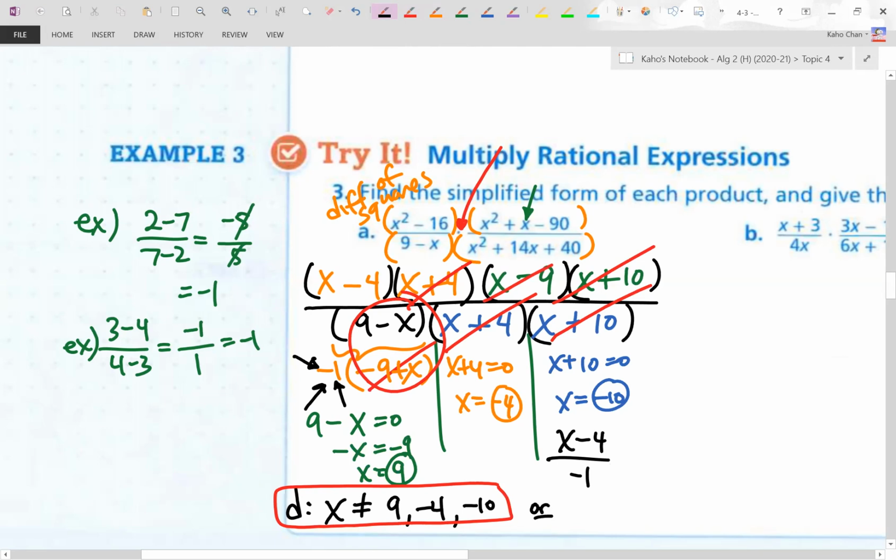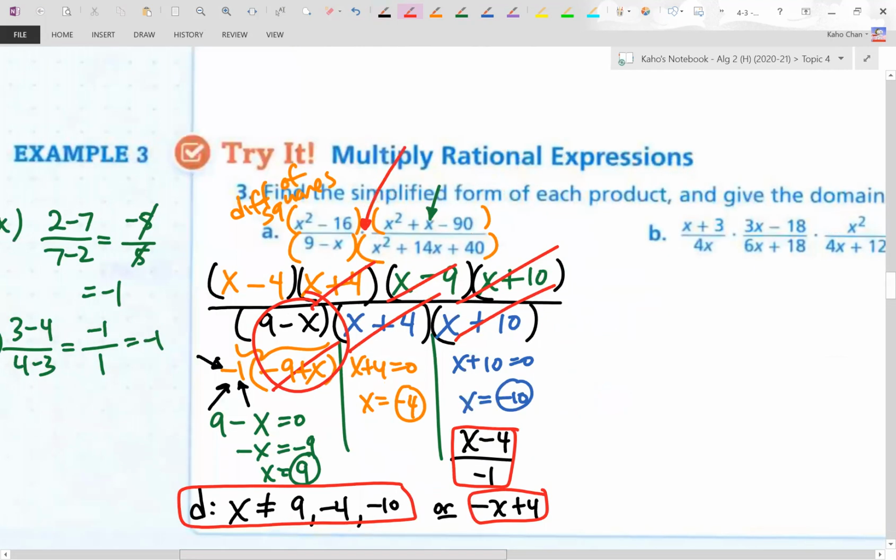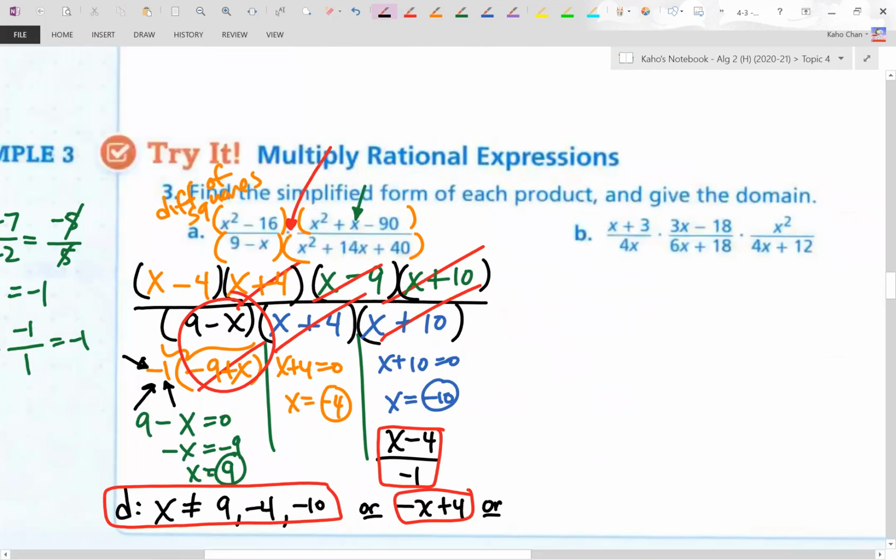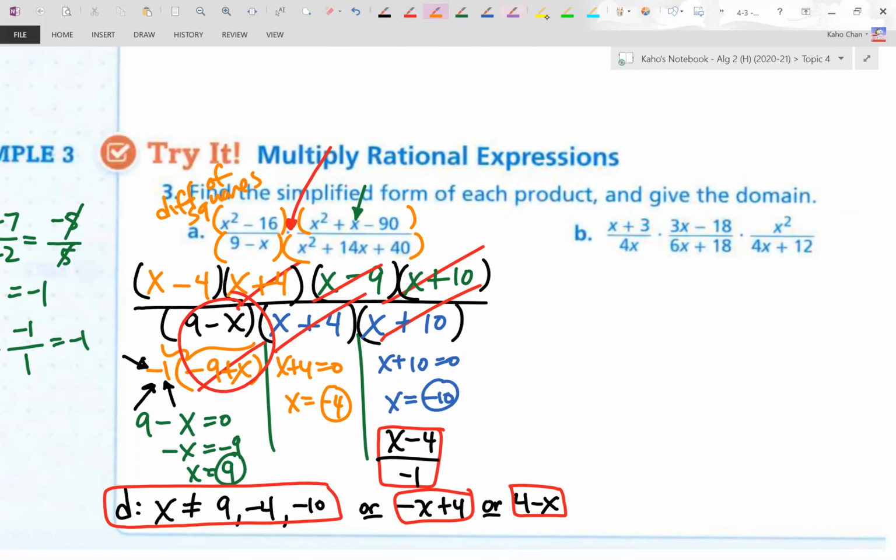If you were to apply that negative 1 to the top, you would get negative x plus 4. In fact, I expect it to be even trickier. They might even give you this third possibility, 4 minus x, evil people, right?